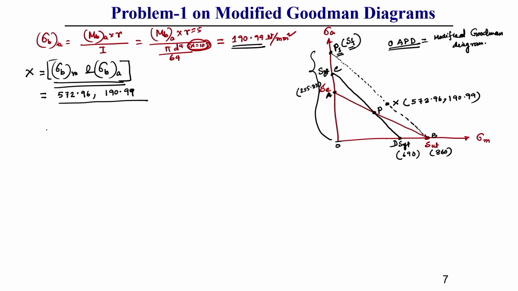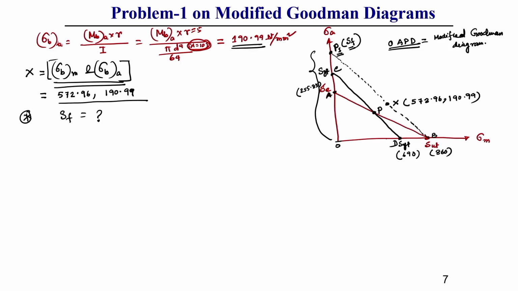For finding out the life of this component, first of all we need to find the fatigue strength SF. We need to find out what SF of this component is, because if the point lies outside the Goodman diagram, then I am going to show how to solve this problem.